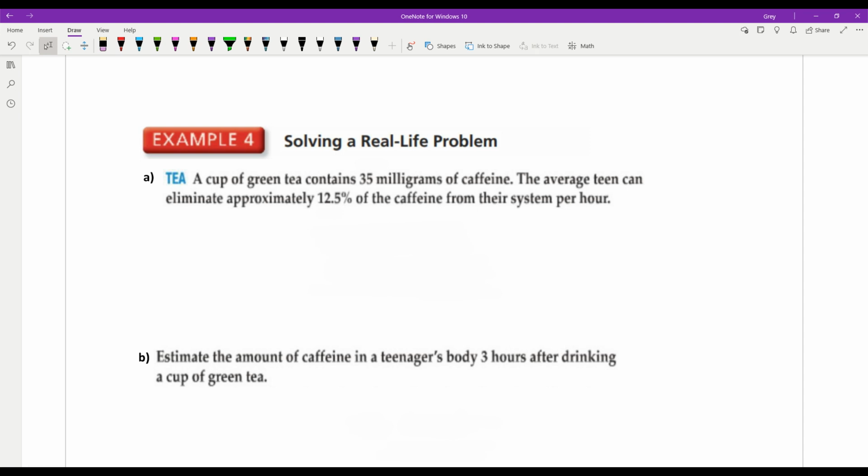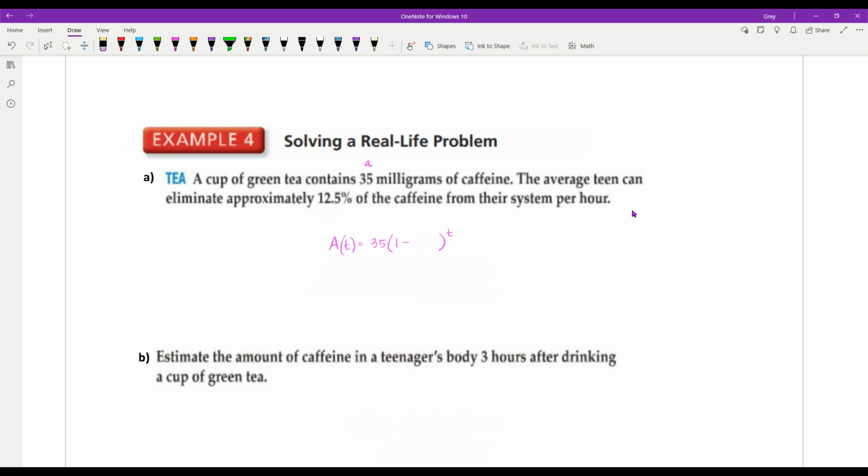Okay, so is it growth or is it decay? A cup of green tea contains so much caffeine. The teen is eliminating the caffeine every hour. So this is an example of decay. So that means that I'm going to have 1 minus something. I've got to figure out what A is, my original amount. My original amount is 35 milligrams.